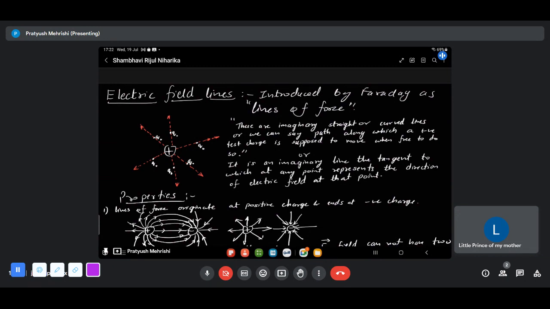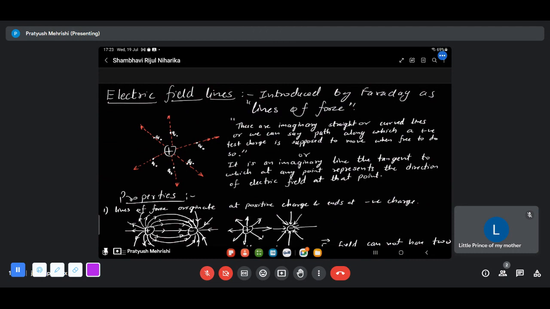What do they represent? We can say the direction of electric field. Their name is electric field line. But what do they represent? They are representing force. Force on 1 coulomb charge and its direction.